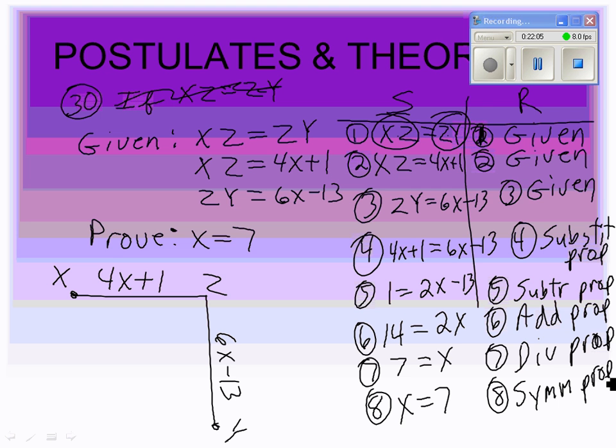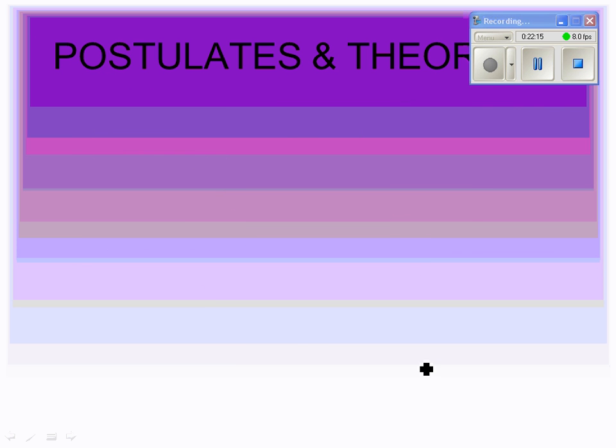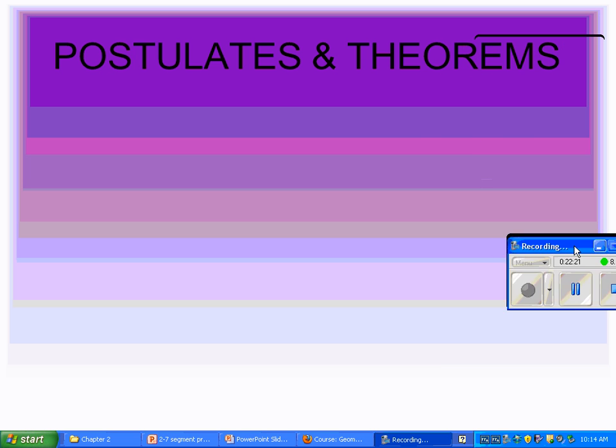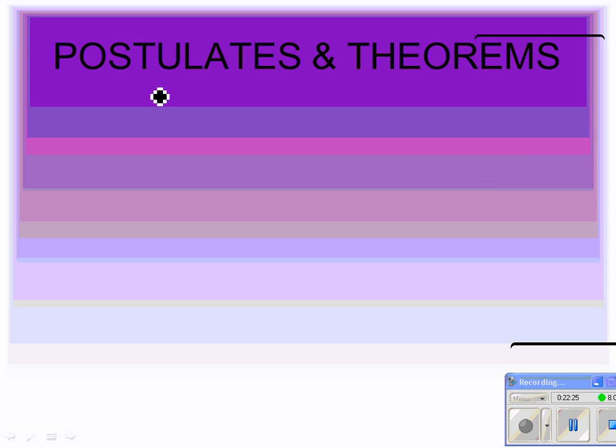What you're going to do today, I'm going to write down some notes up here. You're going to copy them. First part of the notes, I want you to write just what I have right here, postulates and theorems, but add this to it: about segments.